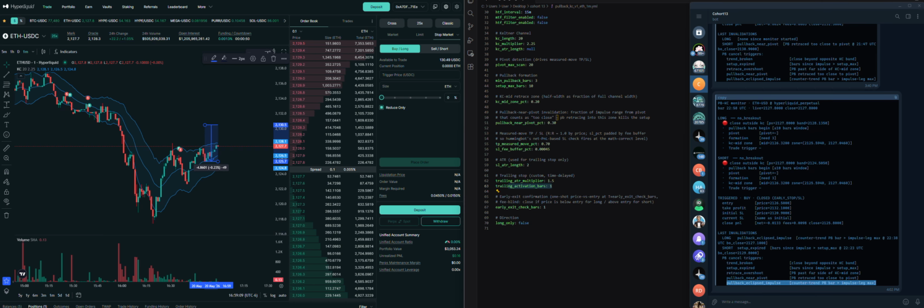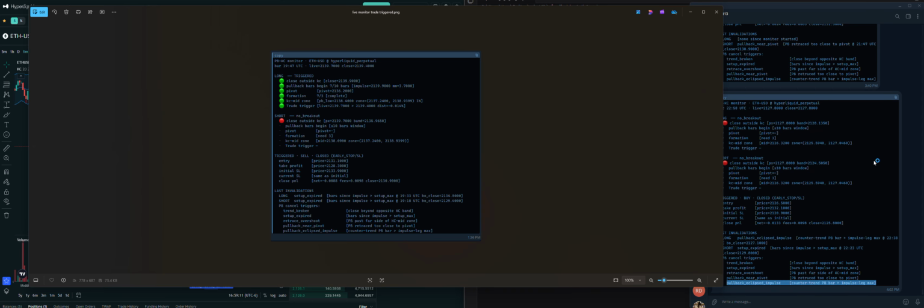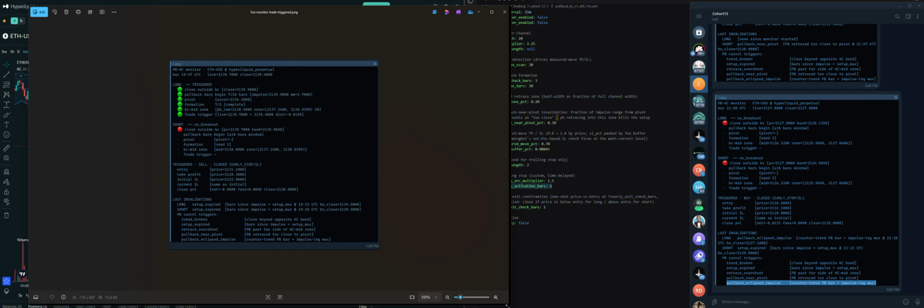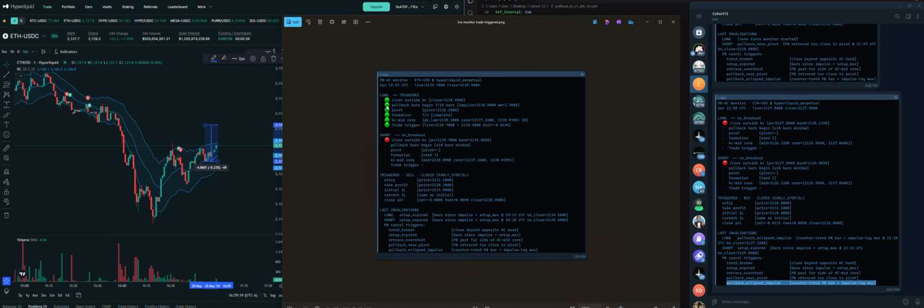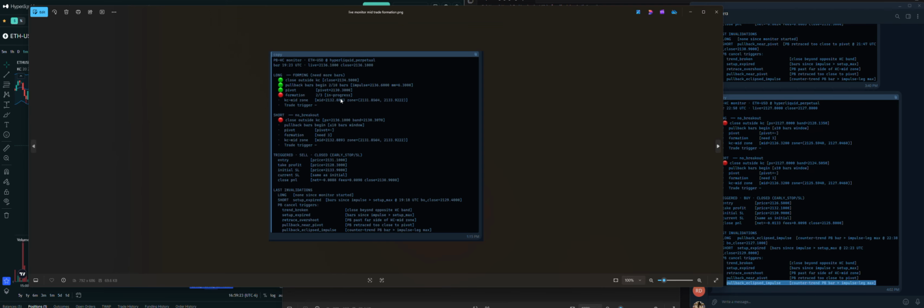I'll just show you a screenshot of what this live monitor might look like when it's actually triggering a trade. So you can see they just start to turn green as it forms, tells us our pivot information, how far into it we are.